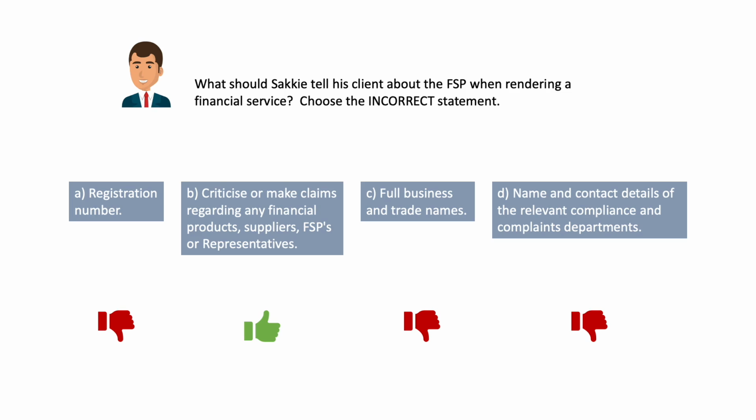Often you see people do this in society when they tell you why this company is not good and why this product is not good, because they want to sell you their product. When a representative is providing and rendering financial service, they need to make sure they are doing what's best for the client and not what's best for themselves or their own pocket.